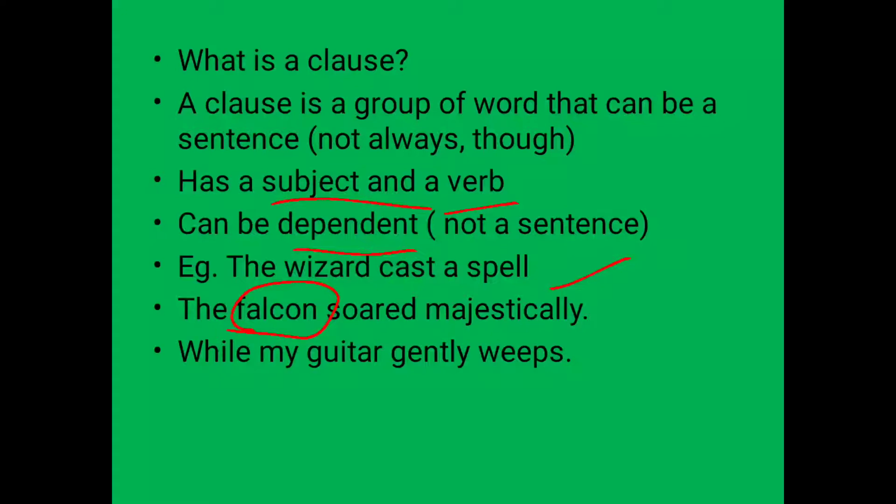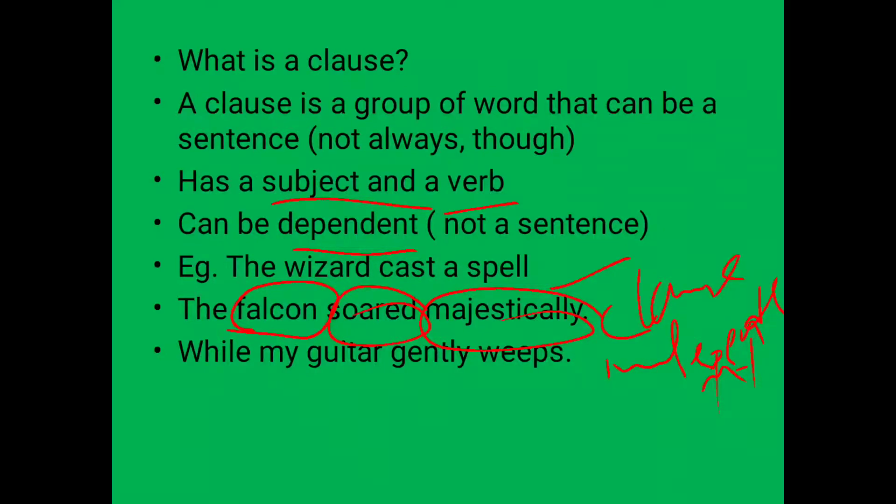I would have to say no, because it has the verb "soared" and the adverb "majestically". So "the falcon soared majestically" is a clause, and not only a clause but its own independent clause. It can be its own sentence with a period.